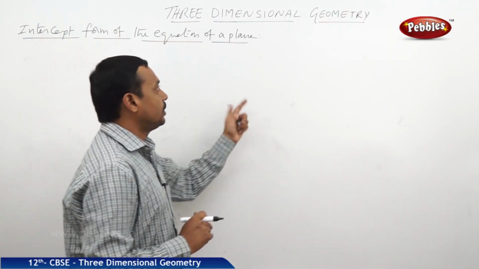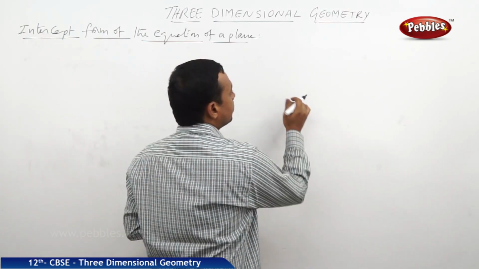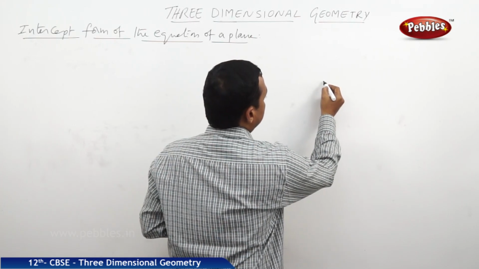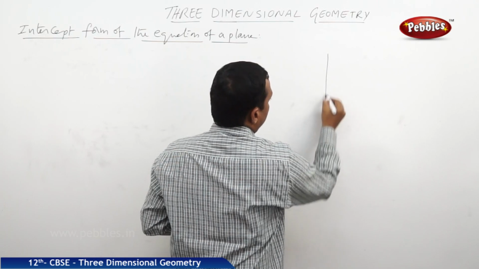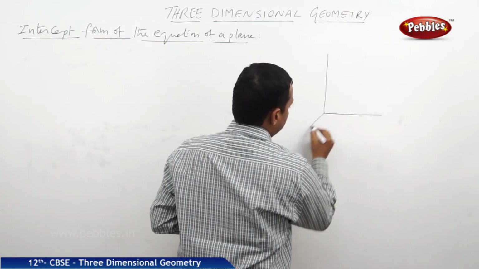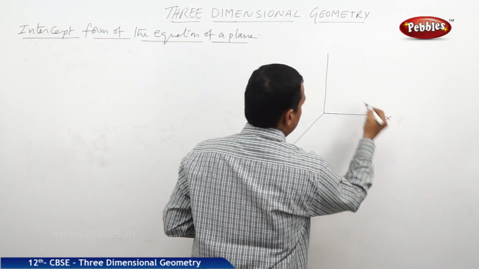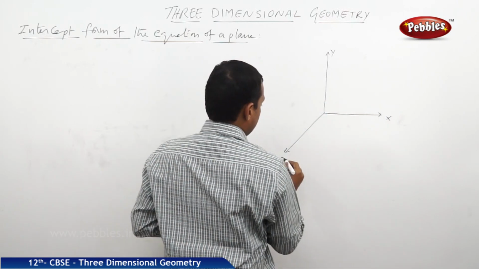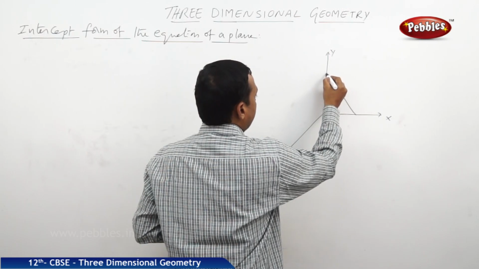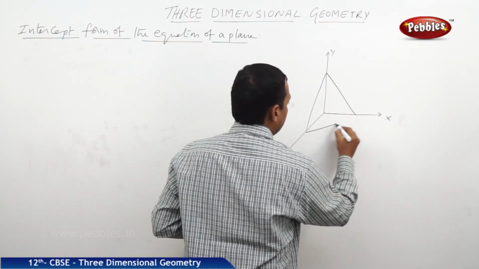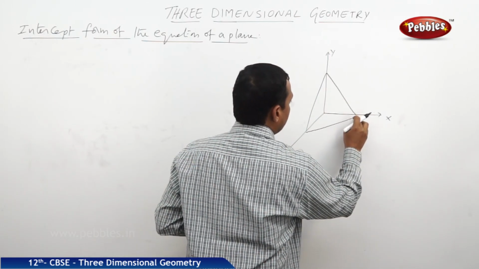Now coming to the plane. In 3-dimensional geometry, we have the x-axis, y-axis, z-axis. Now there is a plane like this cutting the 3 coordinate axes.